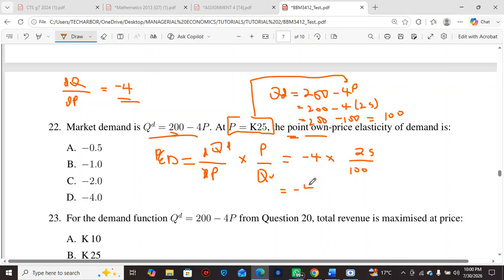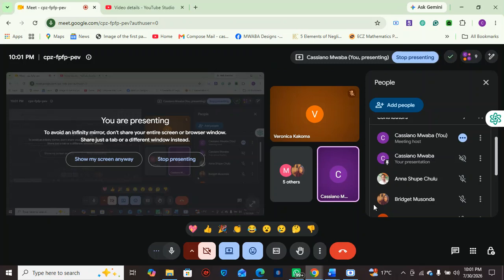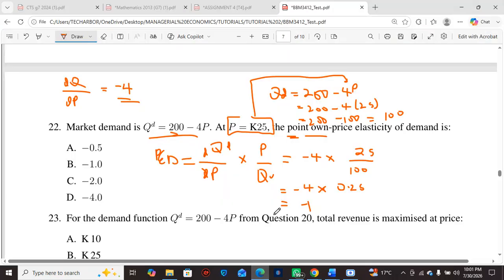Negative 4 multiplied by 25 divided by 100, that is 0.25. Negative 4 times 0.25, you get negative 1. So here the answer is B.